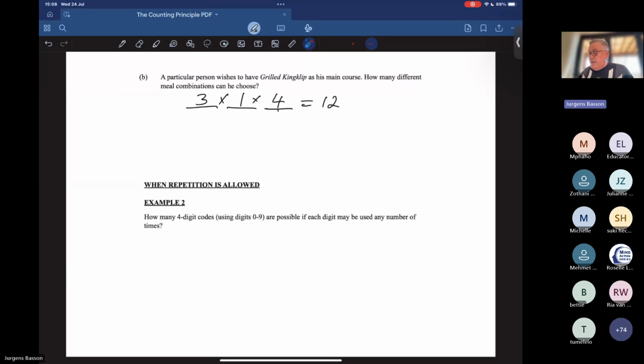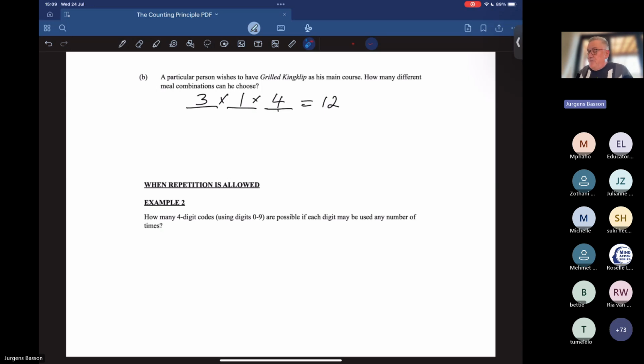Now you will see this heading, I say that on this one, repetition is allowed. The question I took is a pretty straightforward one. I say how many 4-digit codes, using digits 0 to 9, are possible if each digit may be used any number of times, so they can repeat.